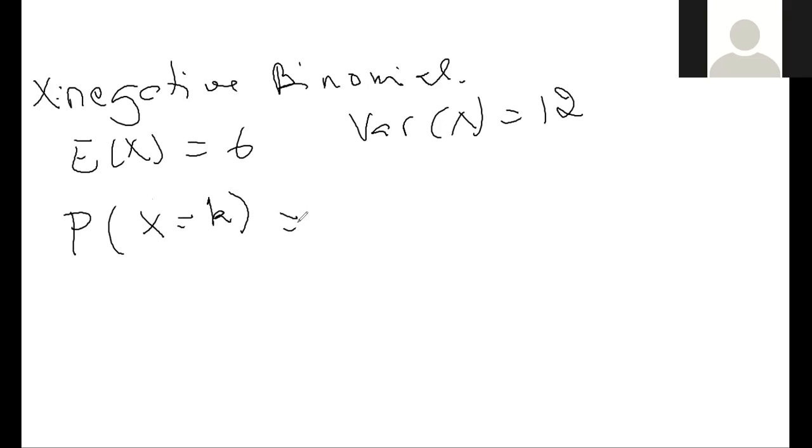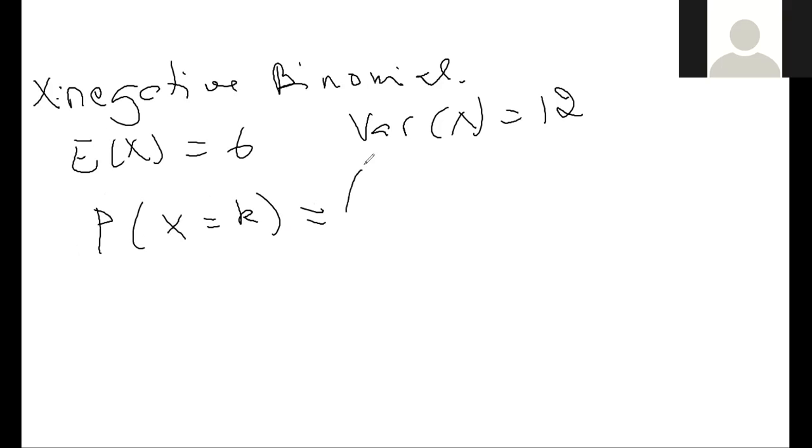Anyway, before we do that, we need that first. The probability that X equals k is what? That's the number of failures before the r-th success.